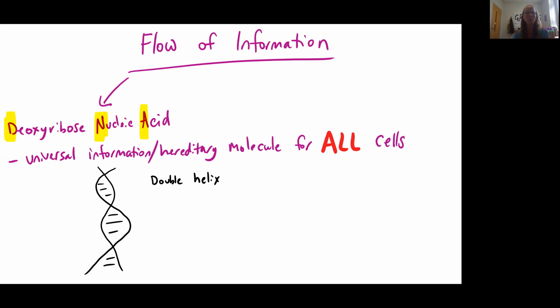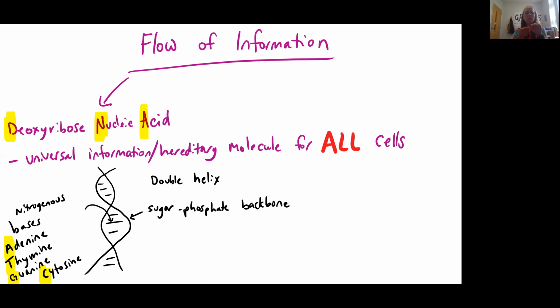So your DNA molecule is a double helix, and the double part is referring to the two strands of the molecule, and then the helix is, of course, referring to the spiral shape. Now, if instead of looking at this as the helix, if you straighten it out, you have something that looks very similar to a ladder. In that case, we talk about the backbone or the sides of the ladder as being composed of sugar and phosphate molecules, and then we see the rungs of the ladder as being composed of nitrogenous bases.